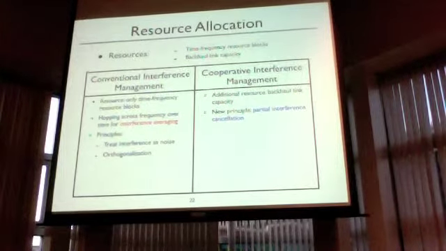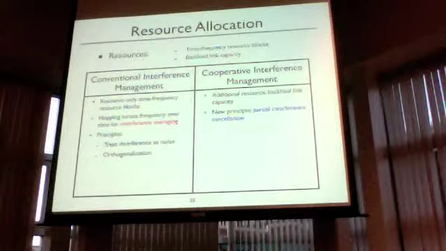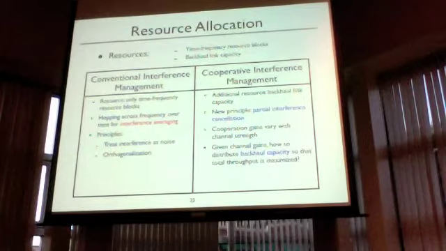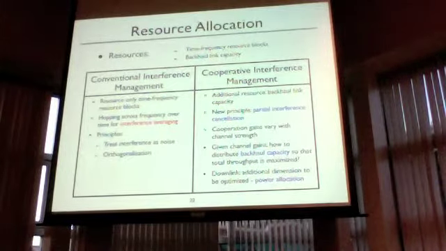Like what I said in the previous slides, we need to know the channel state information at the transmitters. Also from the previous analysis, we know that the coefficient gain varies with channel strengths. So you can think of an optimization problem: given these channel gains, how do I distribute this backhaul capacity so that the total throughput is maximized, for example.